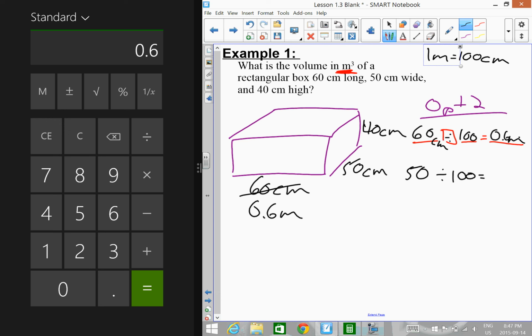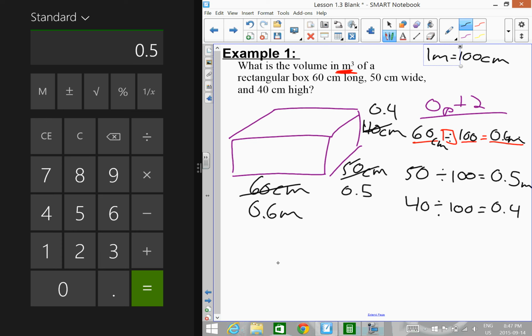So 50 divided by 100, 0.5 meters. If you don't believe me, 50 divided by 100, 0.5. And for our last one, 40 divided by 100 equals 0.4.